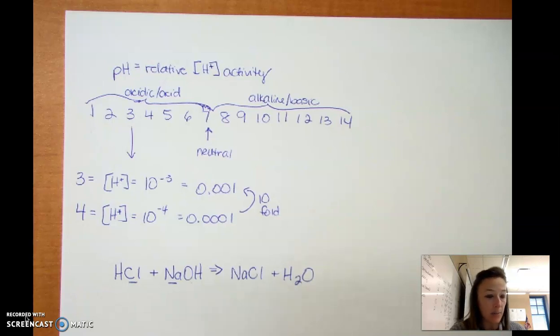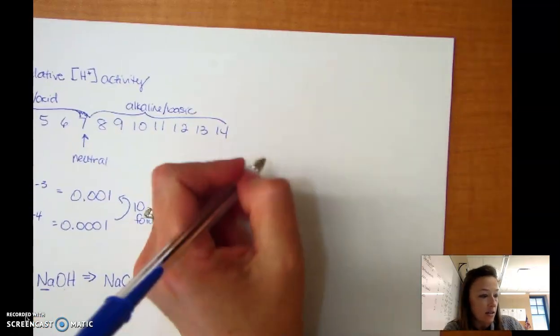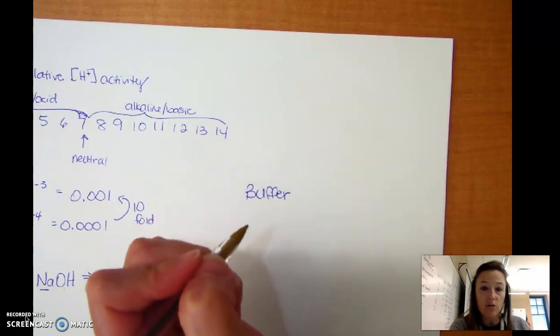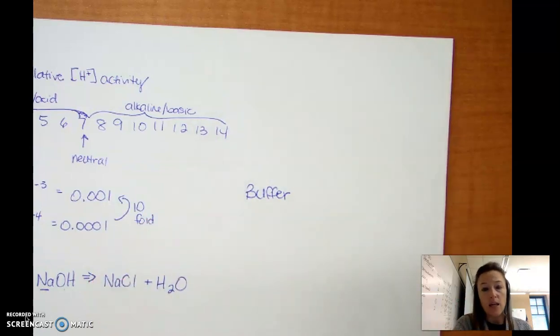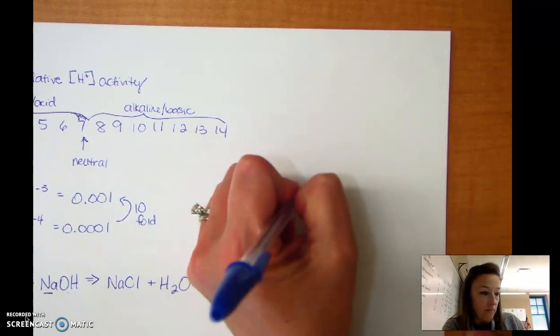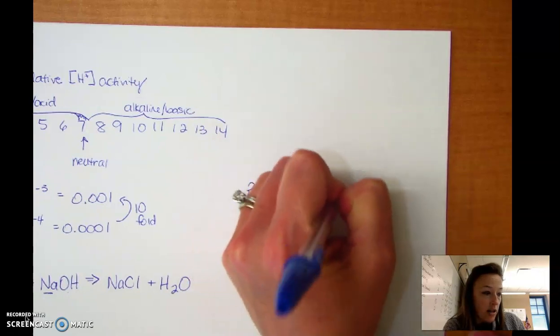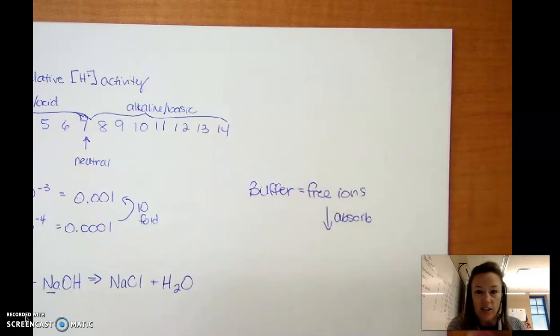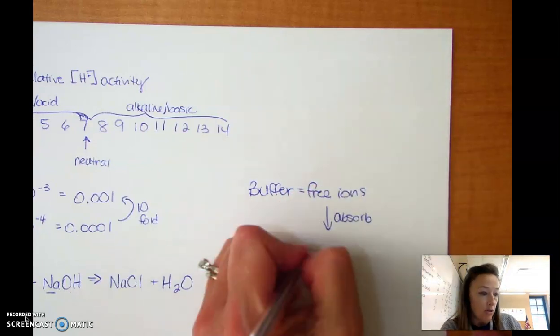All right, I can explain how a buffer works. Buffers have free ions that can bind to, and we use the term absorb, excess free hydrogen or hydroxide ions, and that just means they bind to them and take them out of solution.